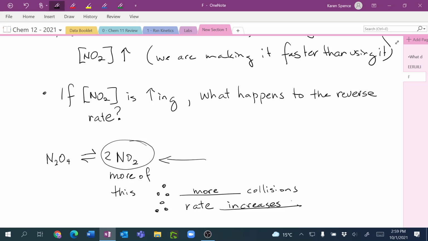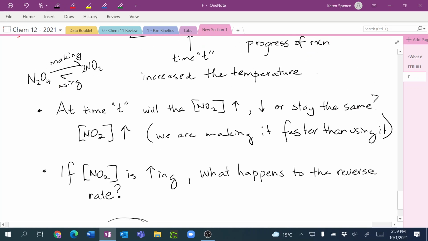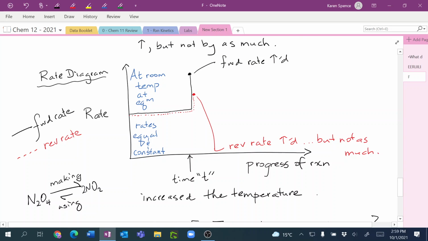So what we're going to see then is, you see these sharp changes in the rate? That's because we changed the temperature. And now, as we make more of the product, the reverse rate is going to increase.